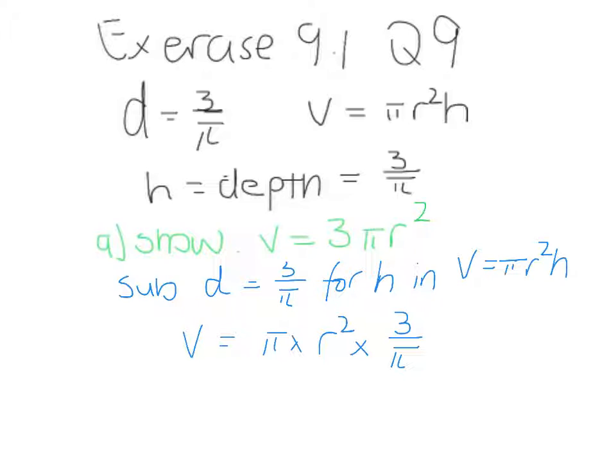What happens here is that we have pi on the top line and pi on the bottom line. So we can say that that is pi over 1. Those pi's cancel each other out, and V equals 3r squared.